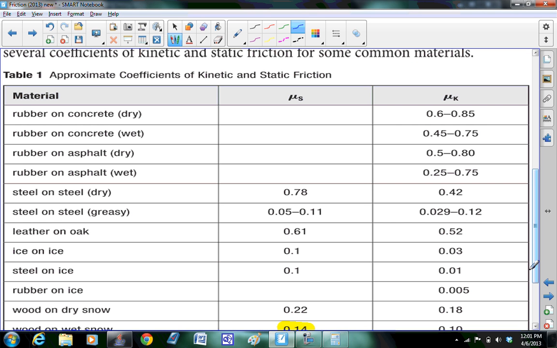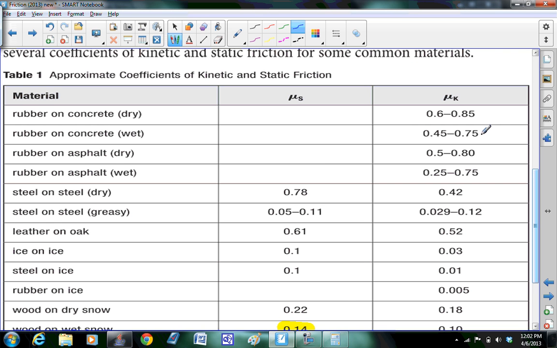So for example, you can look up rubber on dry concrete, and you see that the coefficient of friction, and this is mu k, the kinetic friction, varies from about 0.6 to 0.85. Now when you look at rubber on wet concrete, the coefficient of friction is a little bit lower, which means there's a little bit less friction.